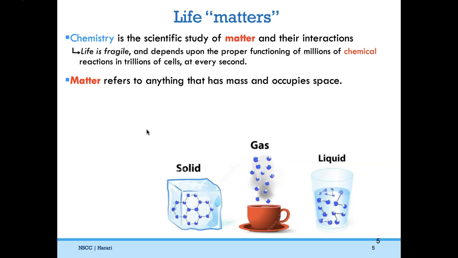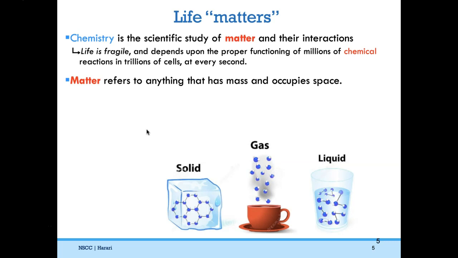Life depends on the proper functioning of millions of different chemical reactions functioning in trillions of cells at every second of every day of your life. So chemistry talks about how different chemical reactions proceed, and biology talks about how those chemical reactions enable living things to function.